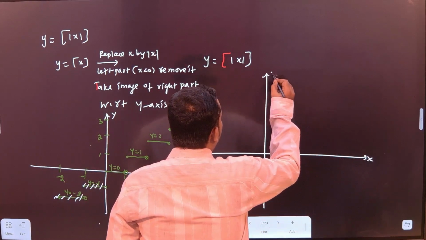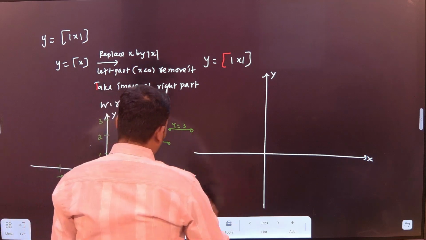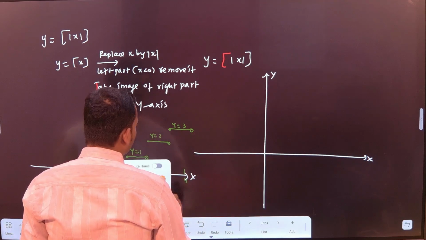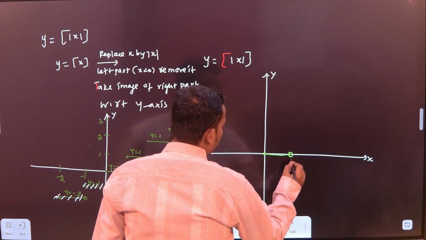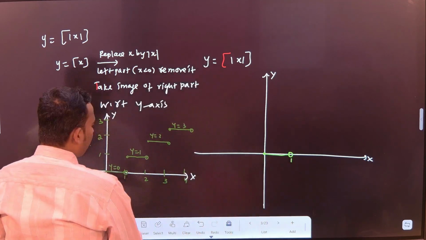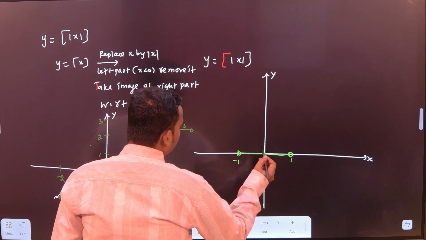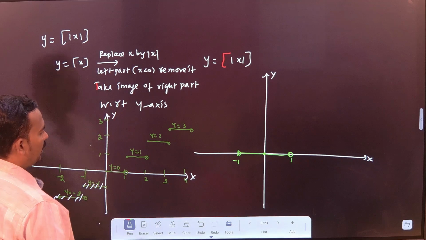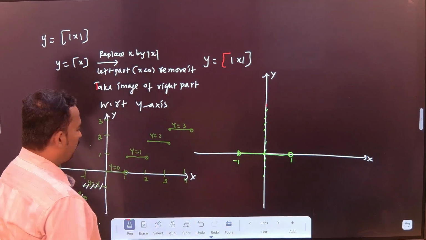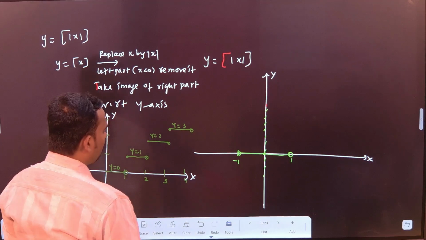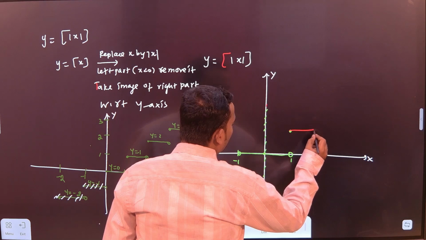This is the x-axis, this is the y-axis. You can see 0 to 1 is there, no? That image is what? Minus 1 to 0. Correct? So I am taking this as a mirror. Then 1 to 2 is there, no?